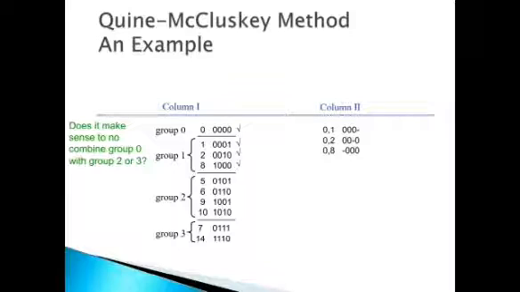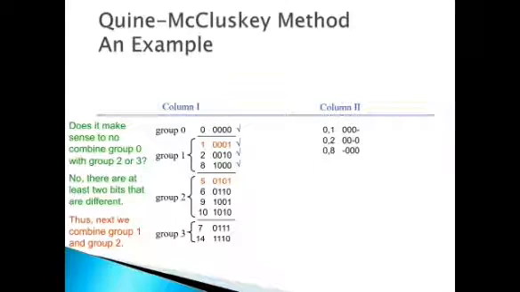Now we will compare group 1 with group 2. There is no need to compare group 0 with group 2 because we have already seen the bits available in 0 and 1. Now we will compare the first element of group 1 with the first element of group 2.